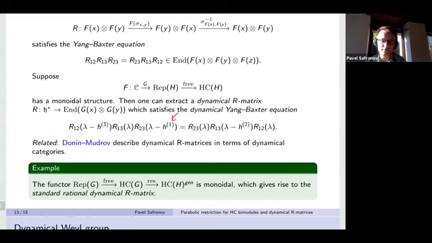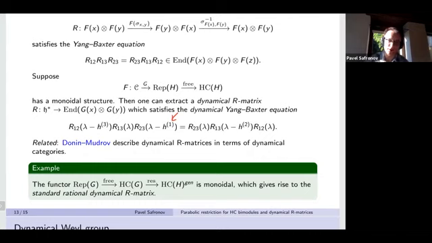Okay, and one example, which was the main motivating example, is to understand something called the standard rational dynamical R-matrix. It's a dynamical R-matrix for the Lie algebra G, and this arises exactly from this parabolic restriction functor. So you start with Harish-Chandra bimodules for G restricted to Harish-Chandra bimodules for H. So you have to look at this generic subcategory.